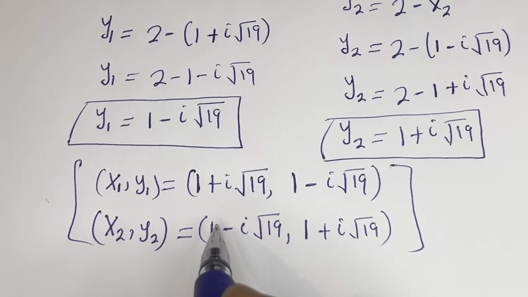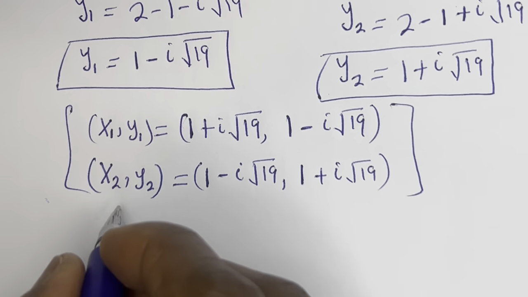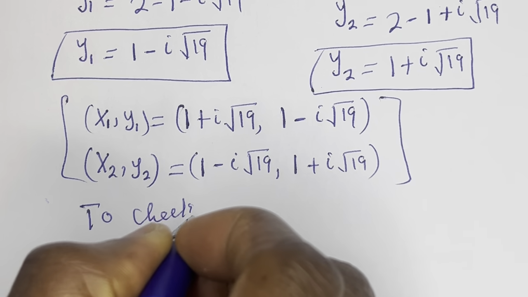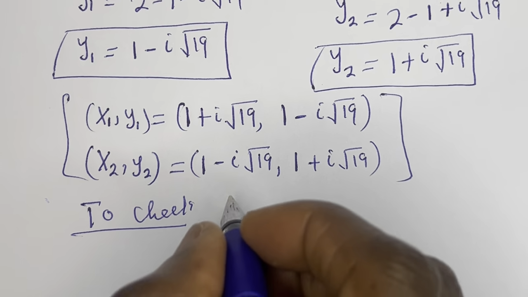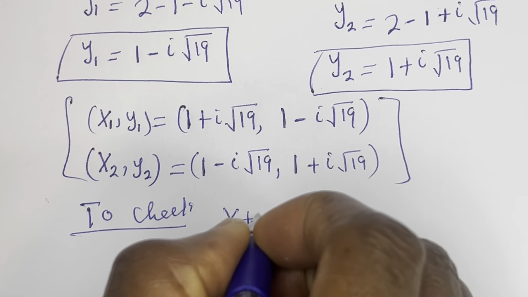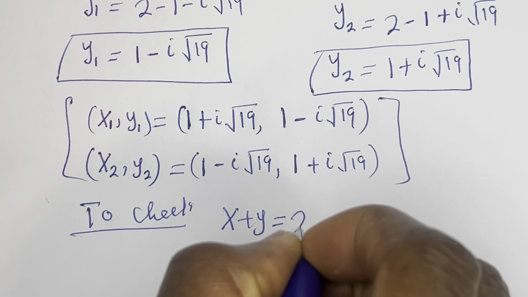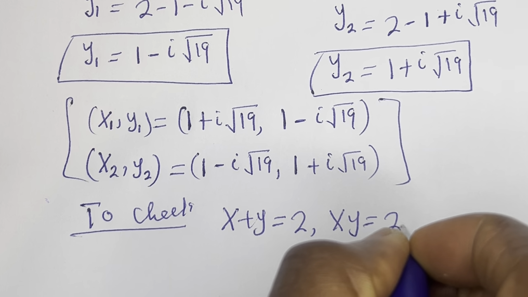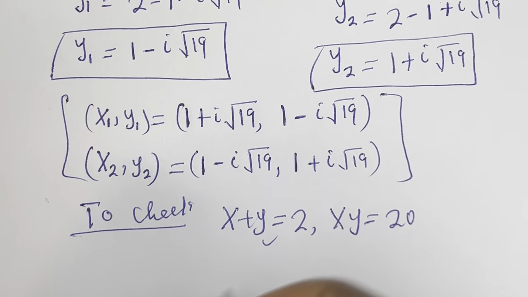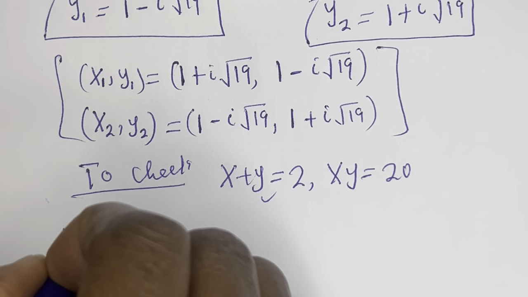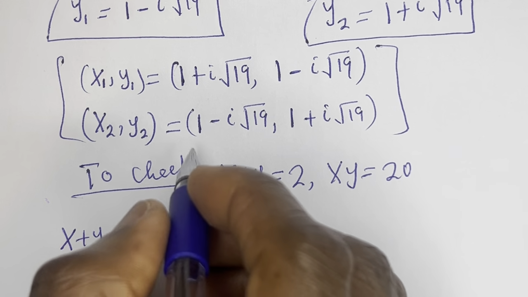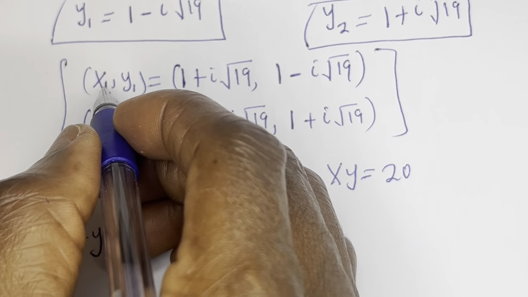We may check to confirm if this answer is right or wrong. Let's check. To check, we have the given equations: x plus y is equal to 2, xy is equal to 20. Let's consider this. x plus y is equal to, let me make use of x1, y1.